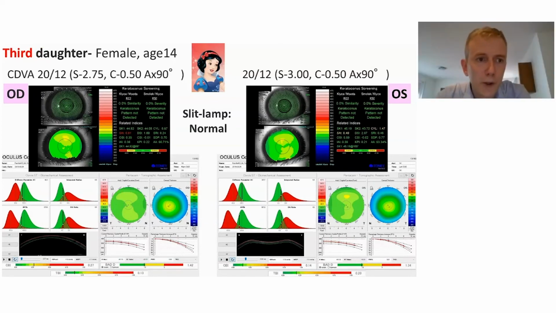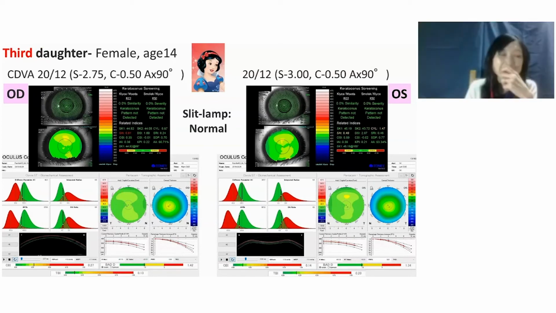No, this is the third daughter now. Third daughter. Okay, the third daughter has nothing on slit lamp, and Placido was normal in both eyes, and also CBI and TBI look within the normal range.